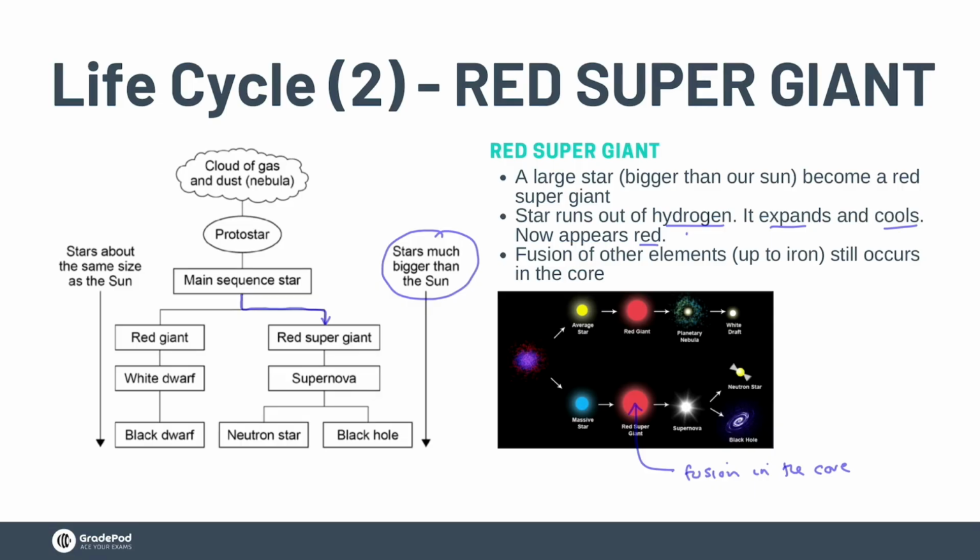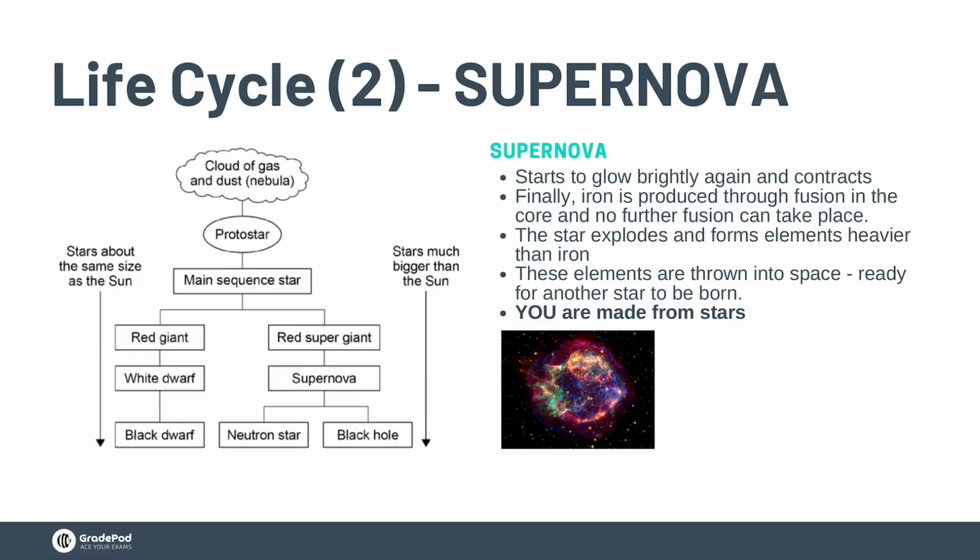But this is where it gets interesting. Because after it becomes a red supergiant, it starts to glow brightly again and it contracts. So this supergiant gets really bright. And when it's really bright, it contracts all the way down. So it goes like this.